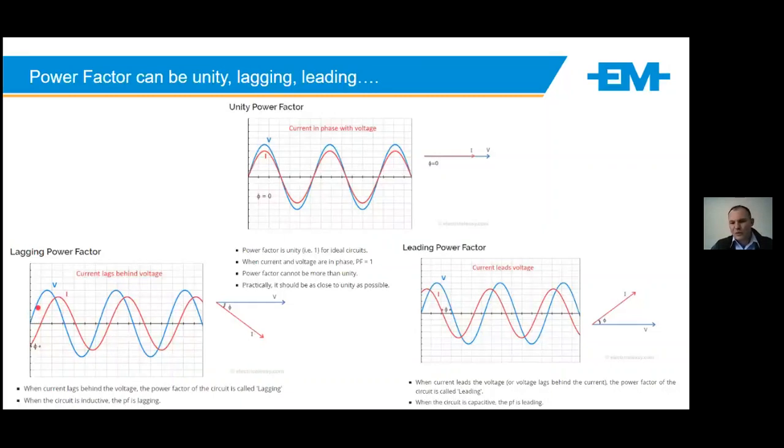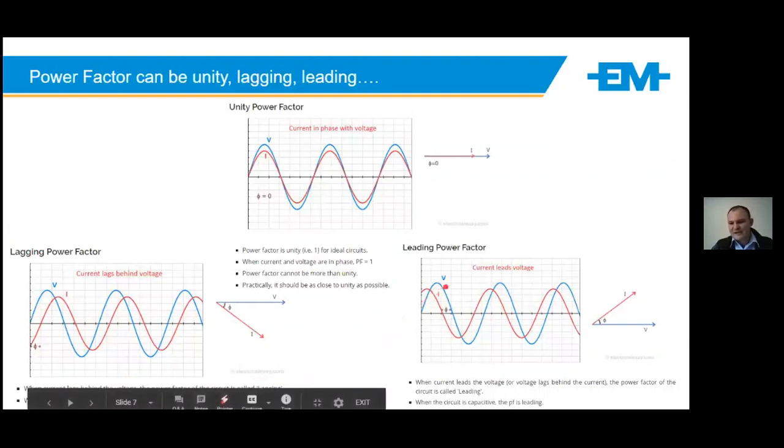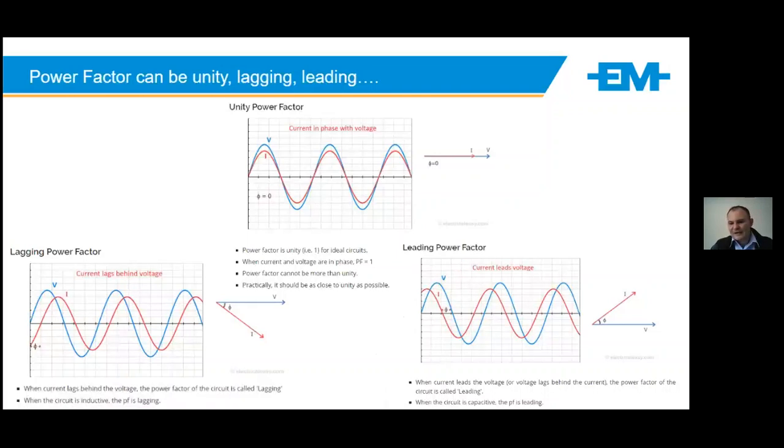Another form we would have is leading power factor, where the current leads the voltage. What causes leading power factor is a capacitive load. Today's focus will be on lagging power factor.